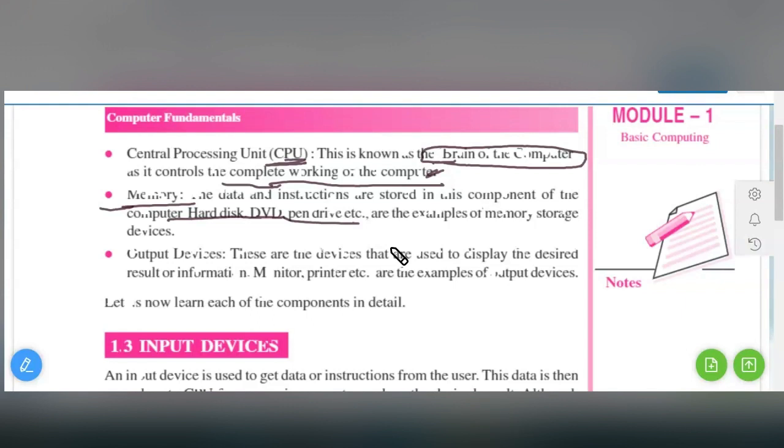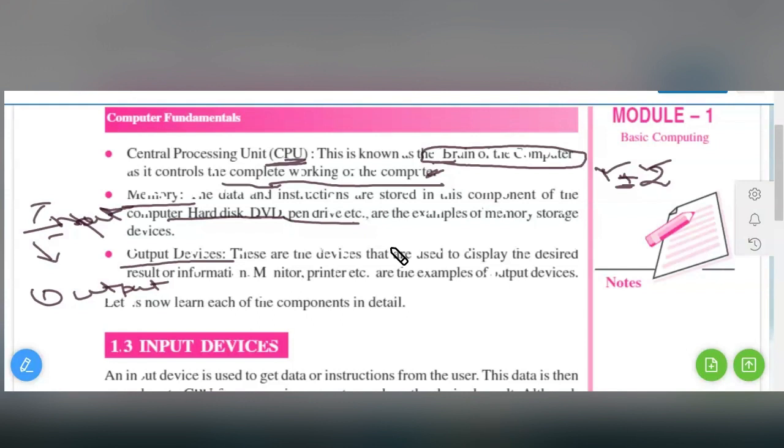Examples are these. Next one is output devices. Already we have seen we are giving some input to the computer system. So if we give input, we have to get some output also. For example, as I told you, we have fed 1 and 2 in the system, and I need the system to perform addition on that.